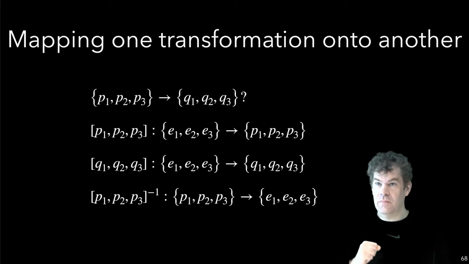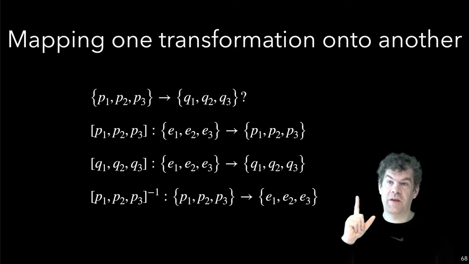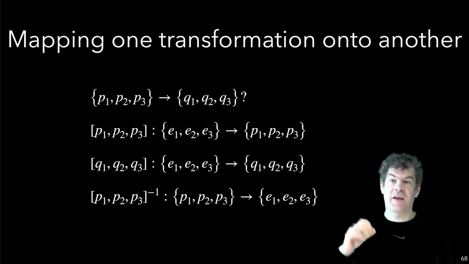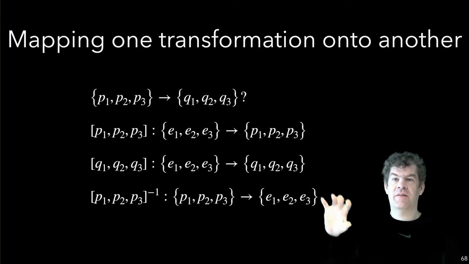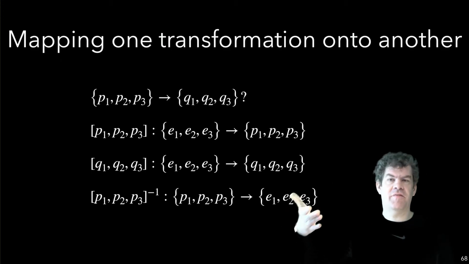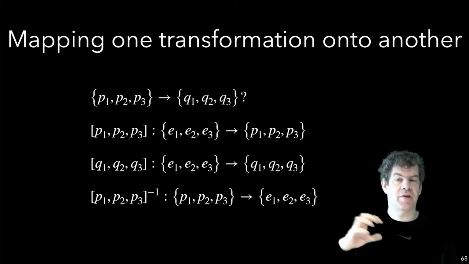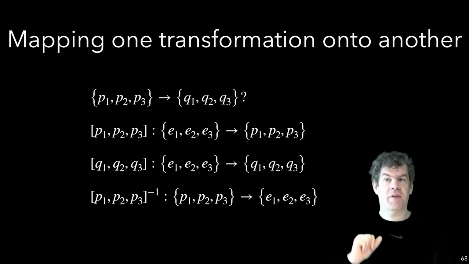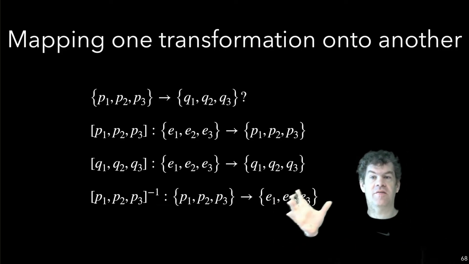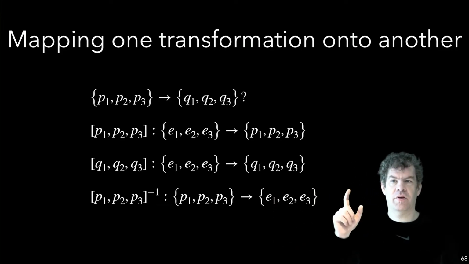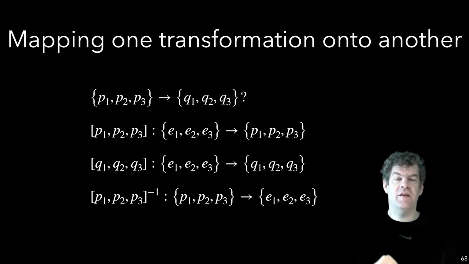If I take my P1, P2, P3 matrix and invert that by some crazy approach, it inverts the transformation. That's just like multiplying a thing or dividing the thing, right? It just inverts, it undoes. So if I invert the whole P1, P2, P3 matrix, I get a transformation that now maps the P's to the E's, because previously it mapped the E's to the P's.